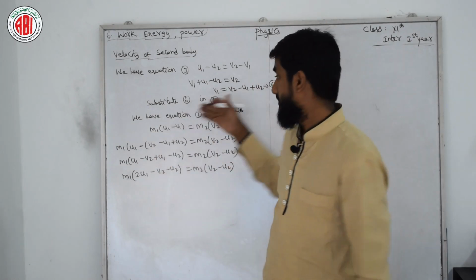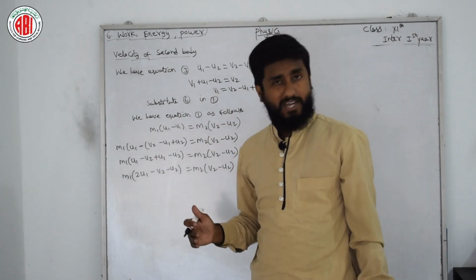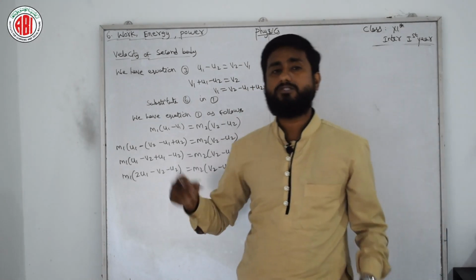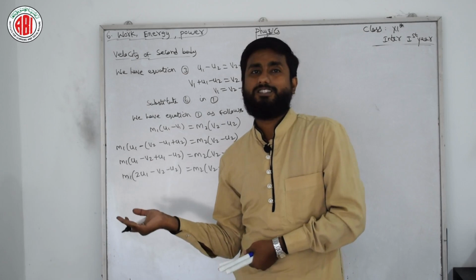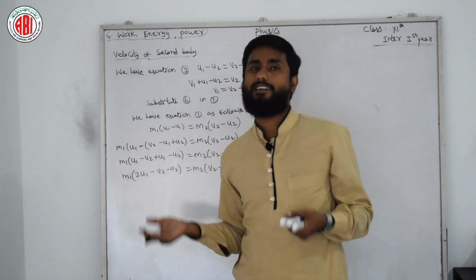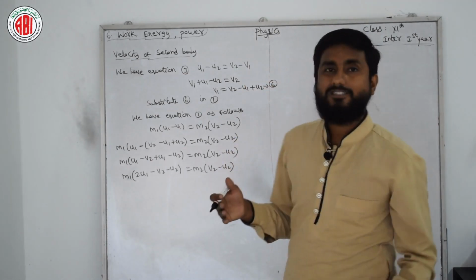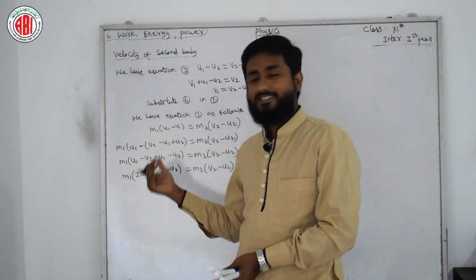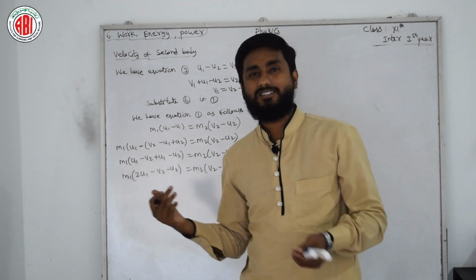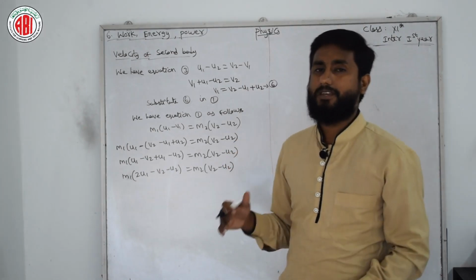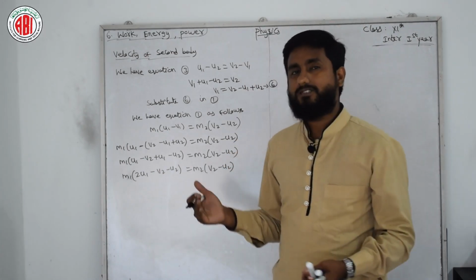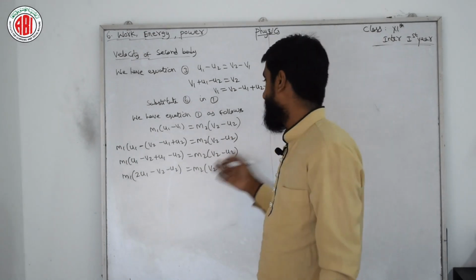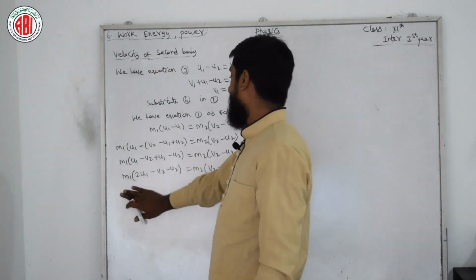Just follow how I am doing, and practice more than one time, and not only practice, you might also remember these steps if you practice more than one time, because I was also a student at one time. So this is a very important question, asked repeatedly in IP. Not only this question, we have many questions with us. It might have been asked in our IP, intermediate public examination. Now I am opening this.